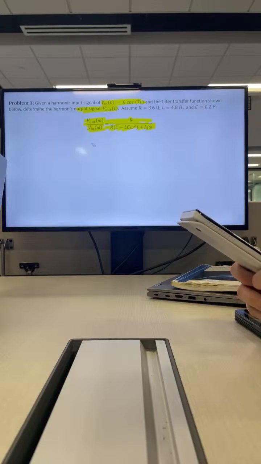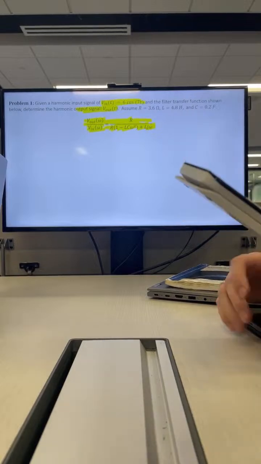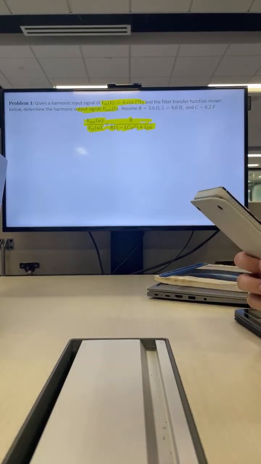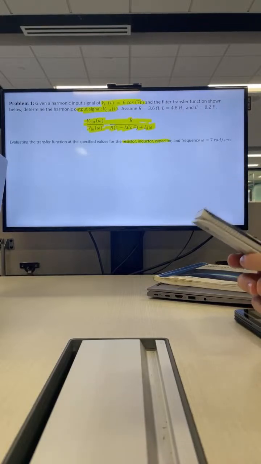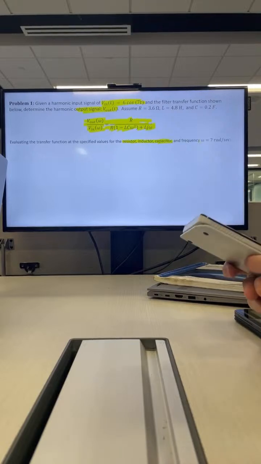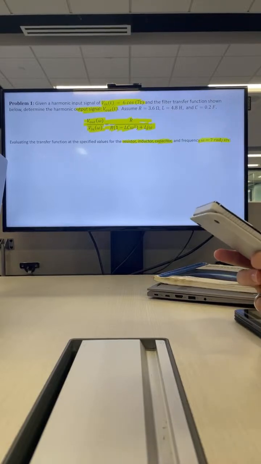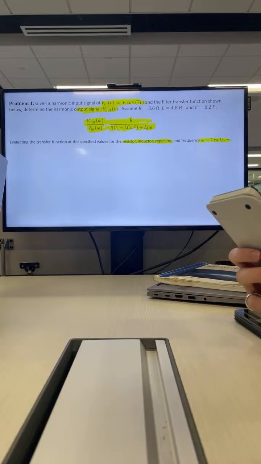So what is the first step I have to do? The values are given: resistance, inductance, capacitance, and the angular frequency omega, which is 7 radians per second. What is my first step?